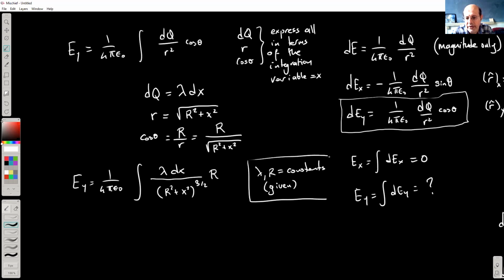So there are some other variables that I have used in the derivation, like little r or theta. I have to make sure that I express all of them in terms of the integration variable. All right, so that's the last stage.